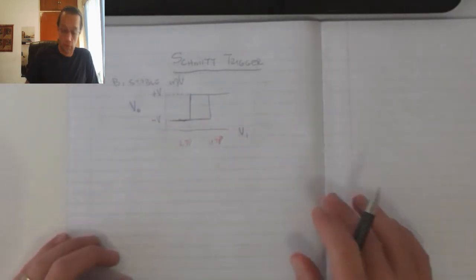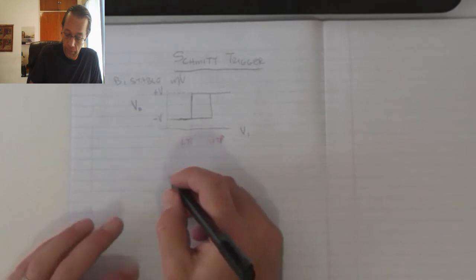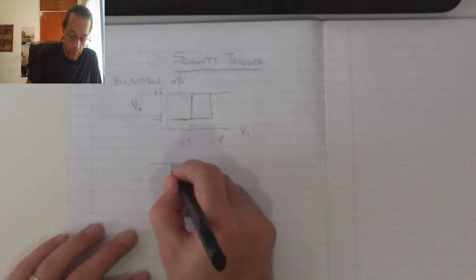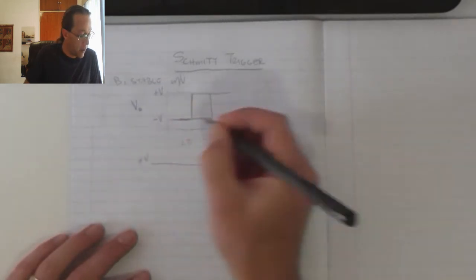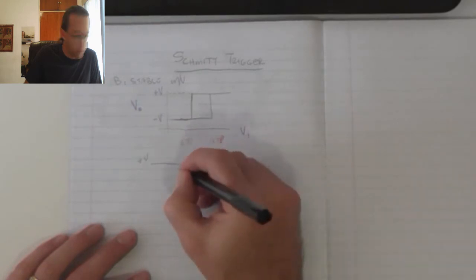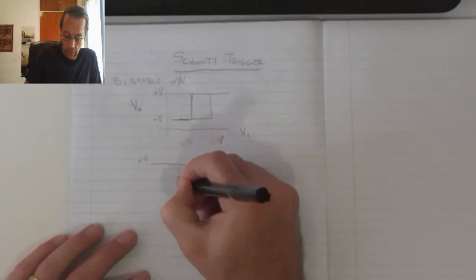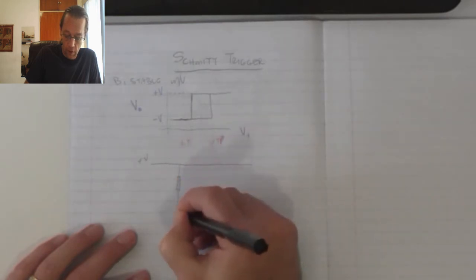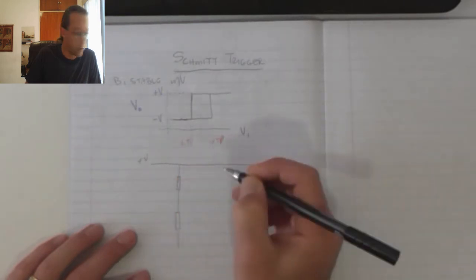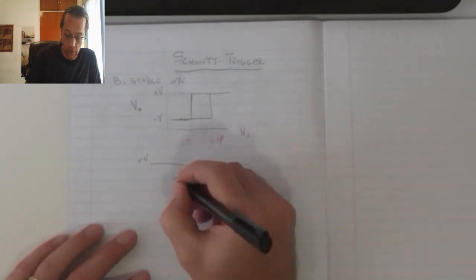Let's have a look at how the circuit is built. Again, we've got the voltage divider generated by two resistors to form my reference voltages.